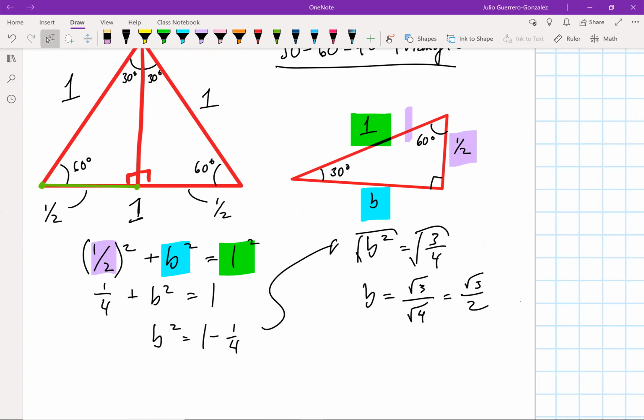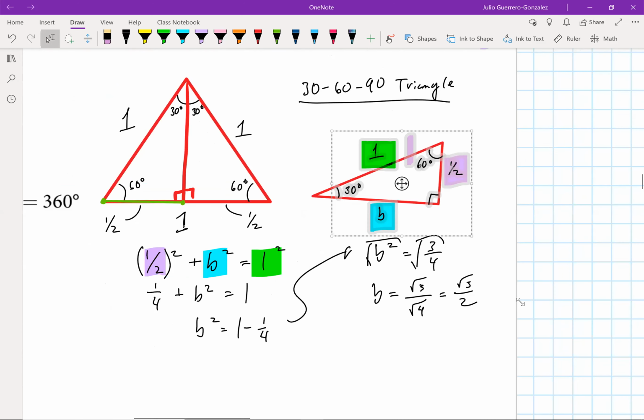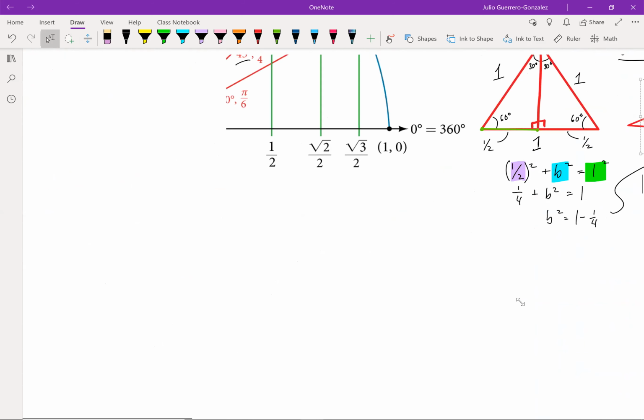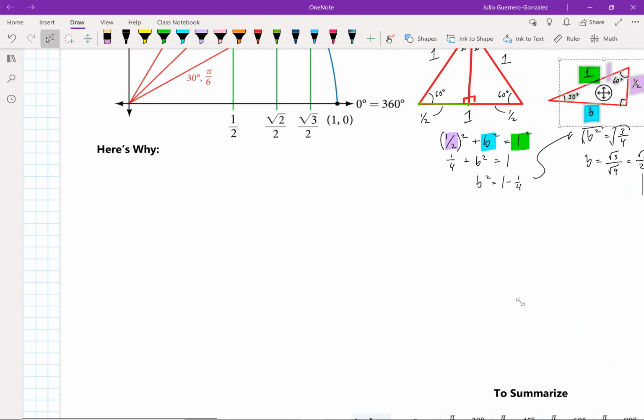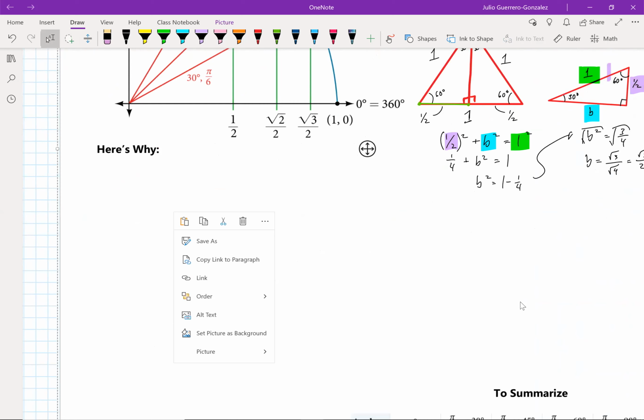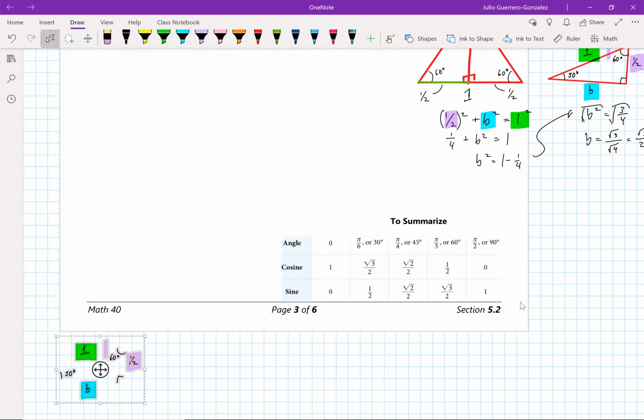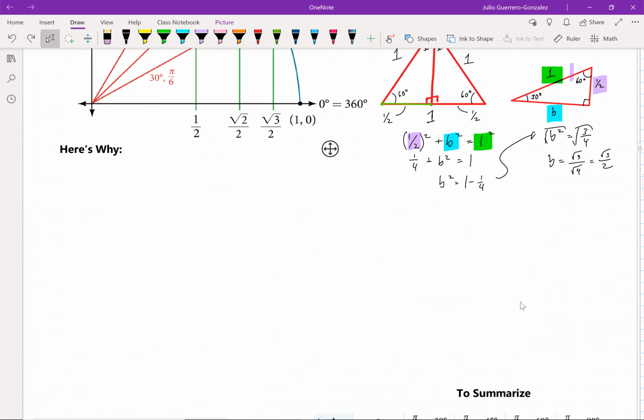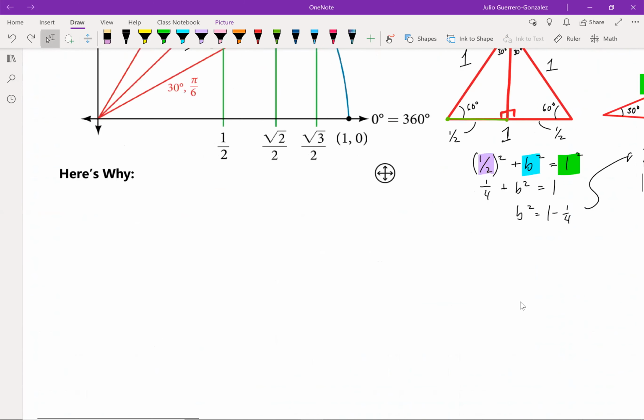Let me actually see if I can copy paste them. Okay, so the two triangles, let me just write them out.